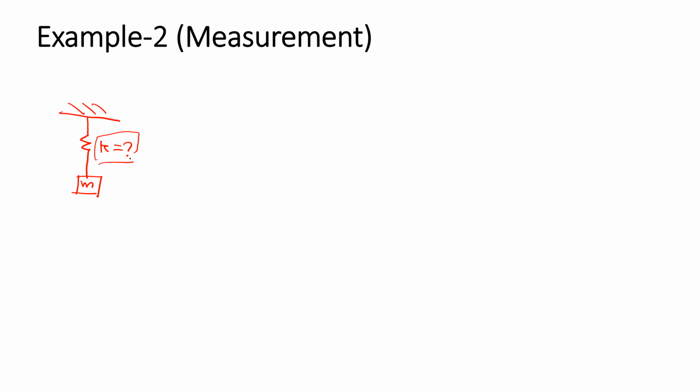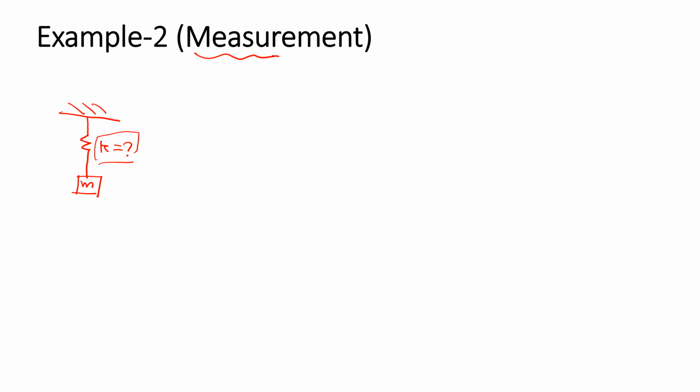Do we have any idea to modify the system and measure, so that we can obtain the value of the mass and the stiffness? I'm going to suggest one method for the estimation of the mass and the stiffness when we don't know both parameters.